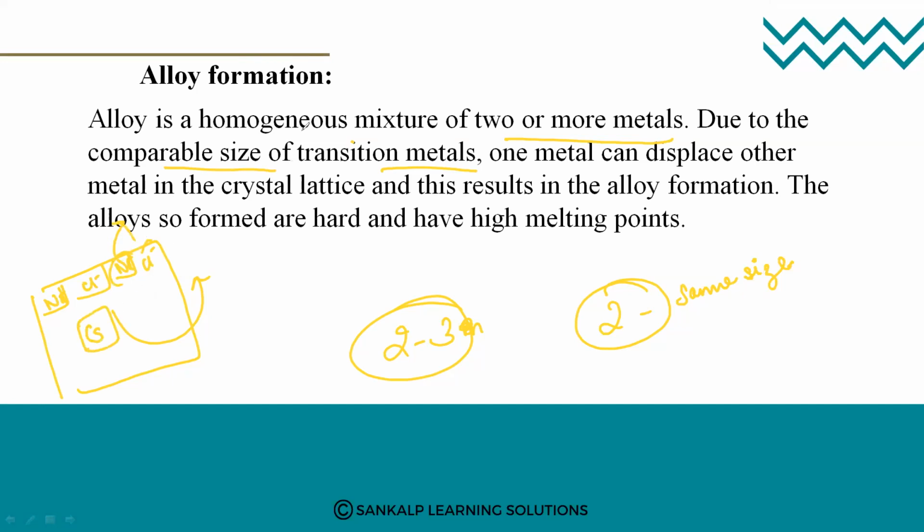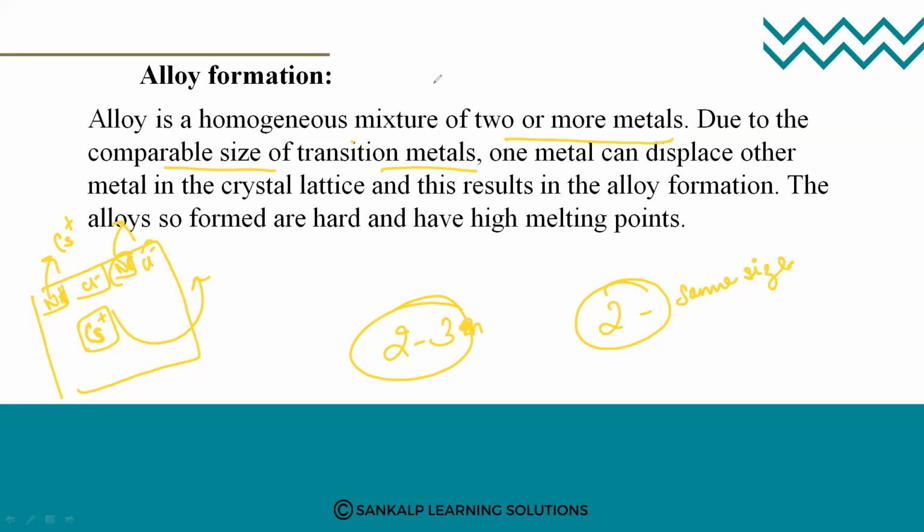This is not an example of transition metals; I have just taken an example. In a crystal lattice of Na+ Cl-, if I take an element similar to Na+, that is Cs+, then Na can be replaced with Cs, which has a comparable size.